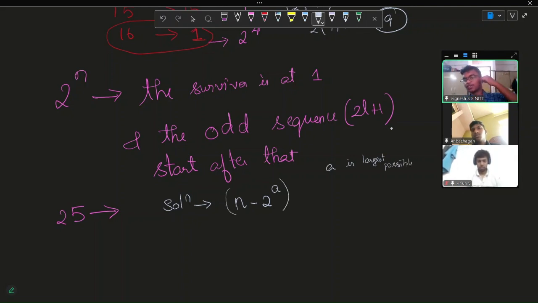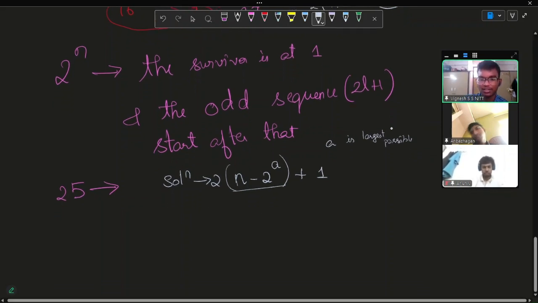For n people, you take n and subtract the largest possible power of 2, 2 power a. You then put that answer in 2l plus 1. So the answer is 2 into l plus 1, where l is some number. If you put 25 minus 16 plus 1, this will satisfy. So this is a solution, but we will make it more mathematical.